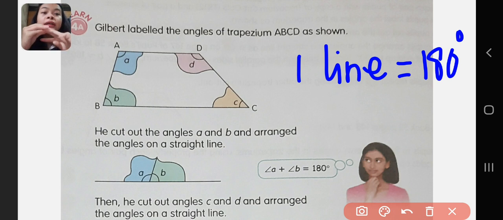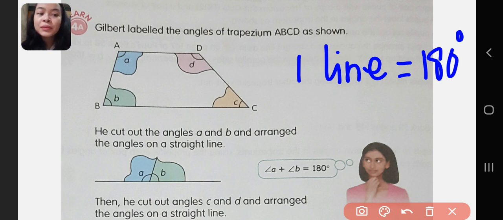Are all the sides equal? If equal, then it is a rhombus. If not equal, then that is a parallelogram. So there are three steps: trapezium, rhombus, parallelogram.